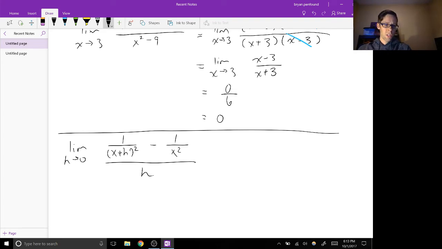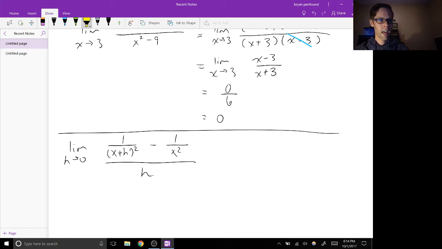And notice if we try a direct substitution of h equal to 0, I'm going to get 1 over x squared in here, and then I'm subtracting off 1 over x squared. So I'm going to get 0 divided by 0 if I try a direct substitution of h is 0. This is telling me I want to develop some other strategy to tackle this limit.